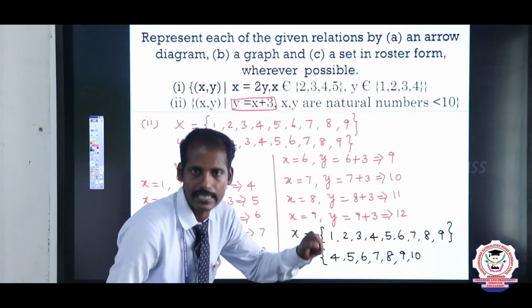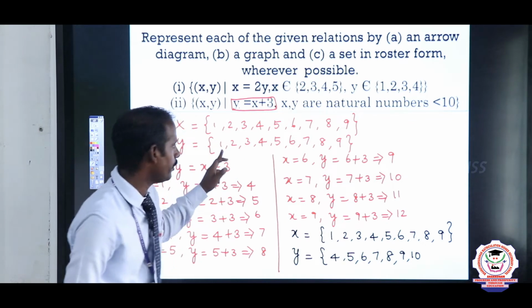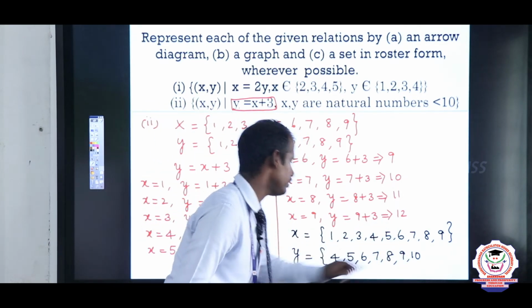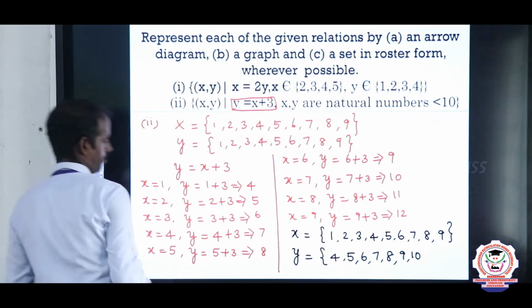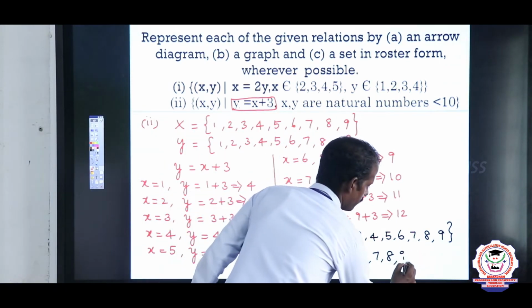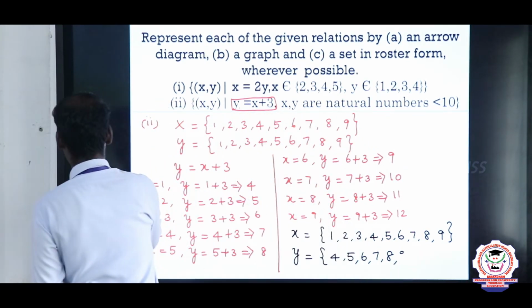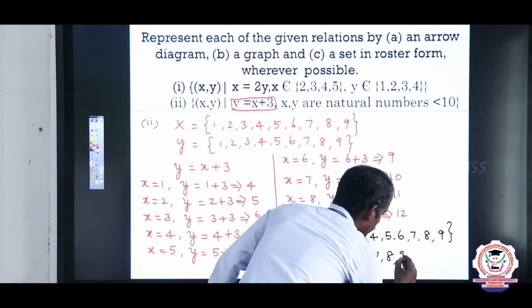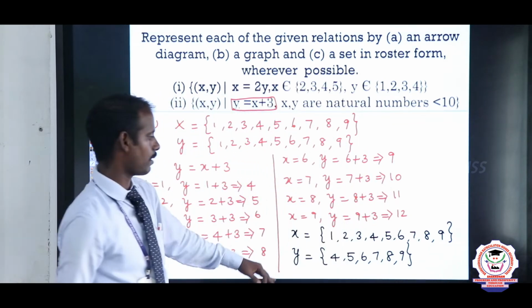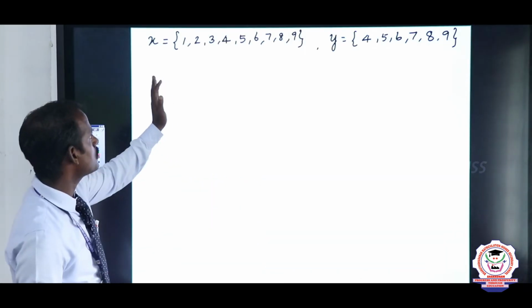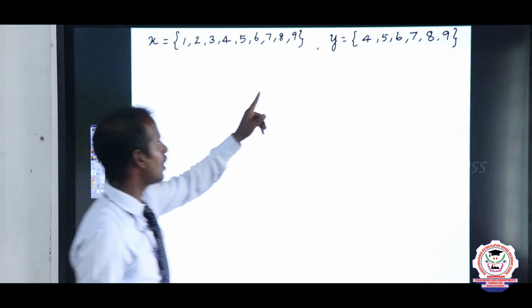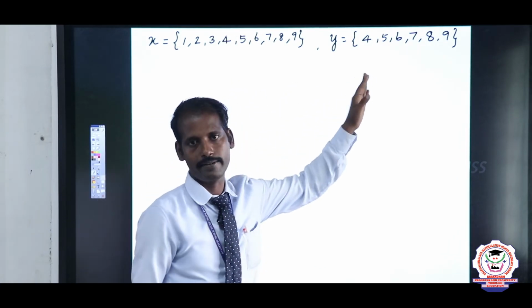Why? What is the reason? Here it is 1 to 9, so 10 is not there. So up to 9. That's it. This is the x values and y values. The x values are 1 2 3 4 5 6 7 8 9. Then the y values are 4 5 6 7 8 9.